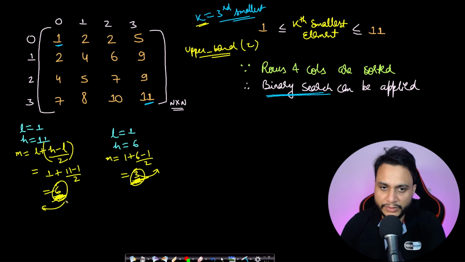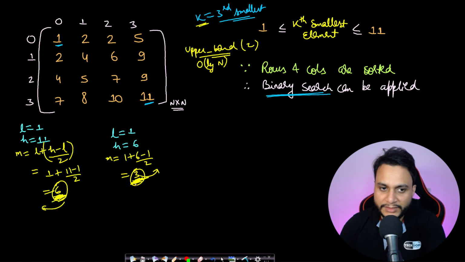If we apply upper bound for 6, it will stop at index 4 here, at index 3 here, at index 2 here, and at index 0 here. So you can add up all the indices: 4 plus 3 is 7, 7 plus 2 is 9. Again, the answer is the same, but applying binary search upper bound takes order of log of the length of a single row, that is, log of n.